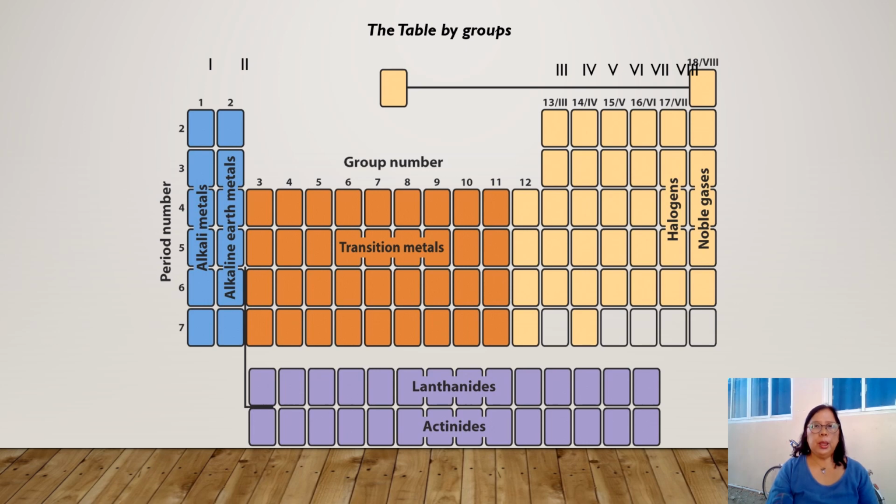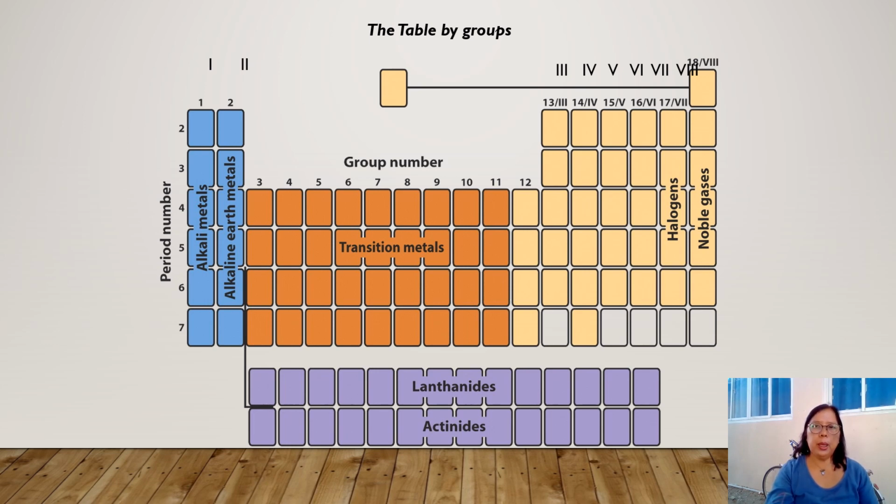Going further to the table by groups, the blue here are the alkali earth metals or alkali metals. This is the alkaline earth metals. And then if we go to group 3, you have here the non-metals, except that in this case they are more specific, being the halogens.